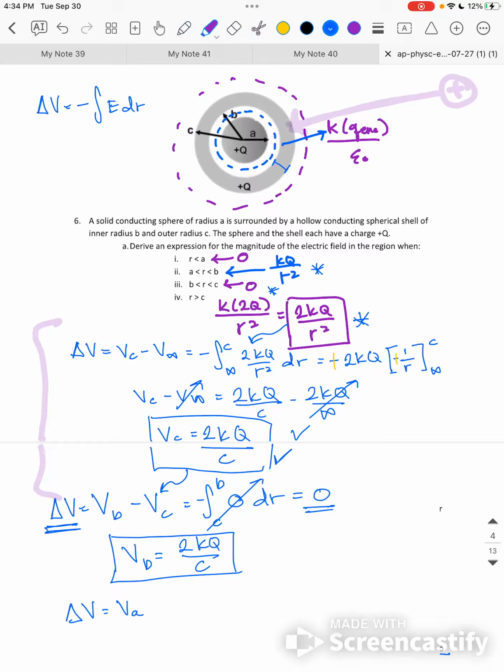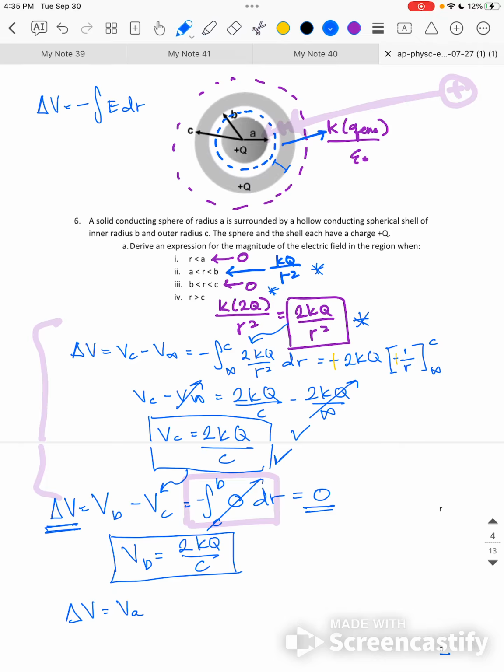Well, there's no electric field in this region, but we still have to account for that, which was this equation right here. And then we have to go through another electric field in this region. We actually go through 3 different electric fields to get to position A. And we need to consider all of those electric fields to get that positive point charge in. So we have to do the full integral.